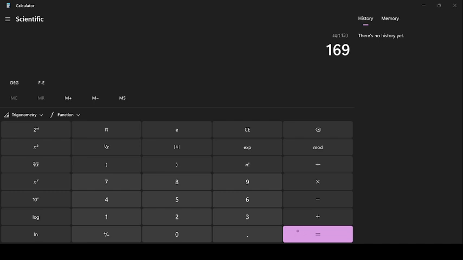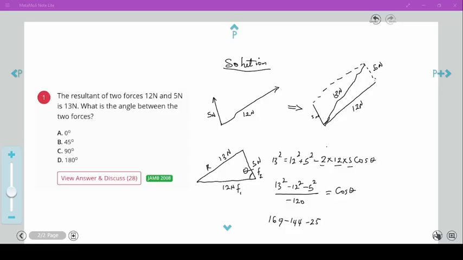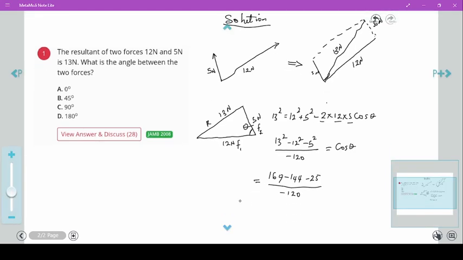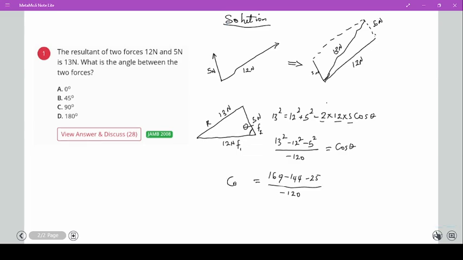And then 12 raised to the power of 2 would be about 144, minus 25. All right, back to our board. So all over negative 120. Remember, all of this is equal to cos theta.